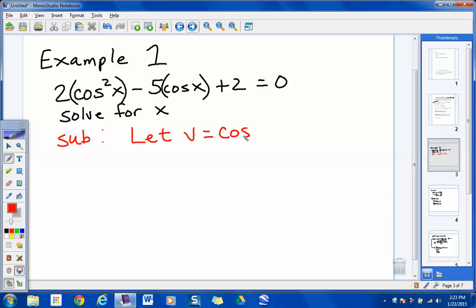Cosine of what? If I put a V in everywhere where I have a cosine of x, let's rewrite this to see what it looks like. This becomes 2V squared, because this cosine is getting squared, minus 5V plus 2, and set that equal to 0.